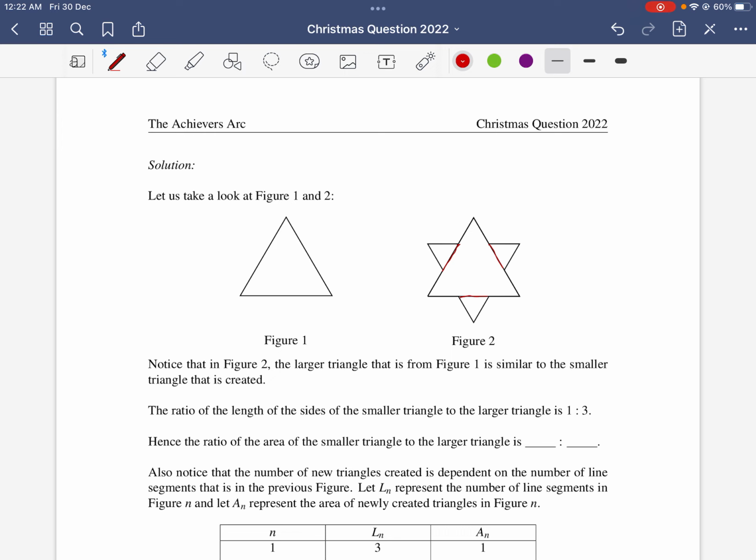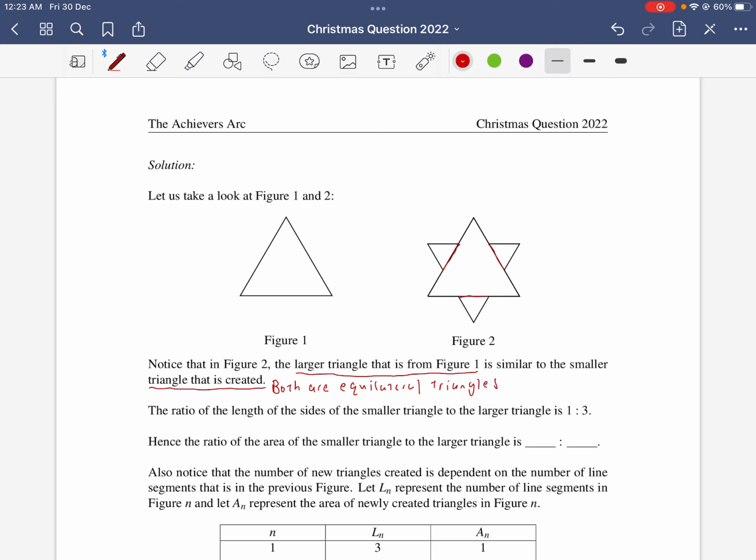Let's take a look. So notice that in figure 2, the larger triangle from figure 1 is similar to the smaller triangle that is created. Why? What's the reasoning behind this? In this case, both are equilateral triangles.